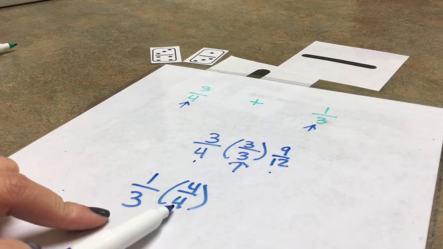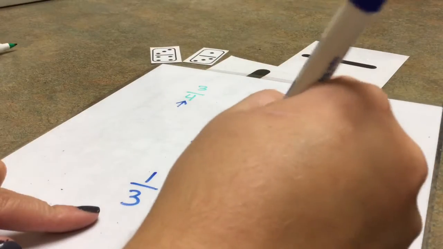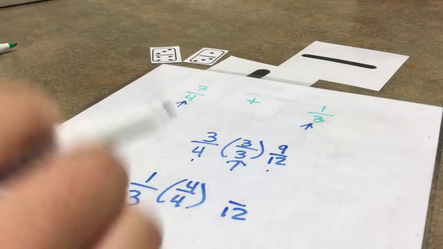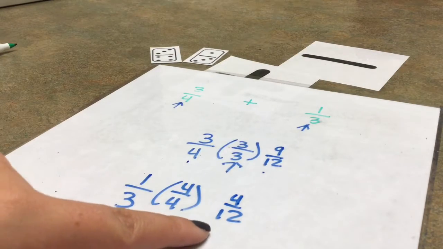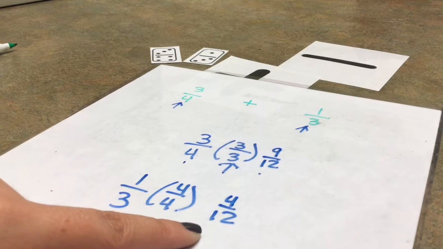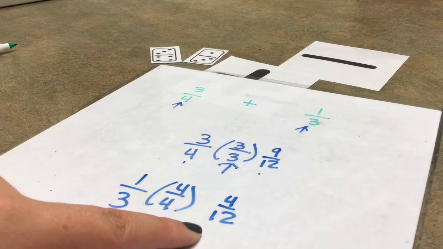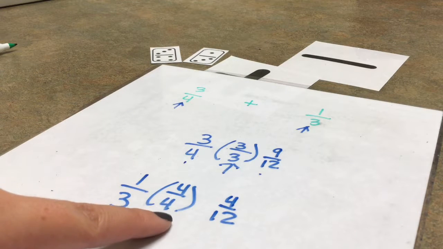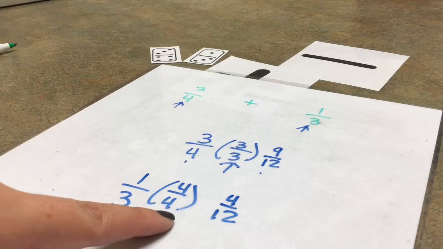So 3 times 4 gives us 12, and 1 times 4 gives us 4. So now the fraction becomes 4/12, okay? And again, this is the same amount as 1/3, we just multiplied by 1, okay?